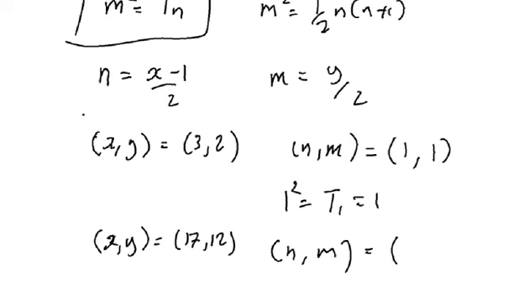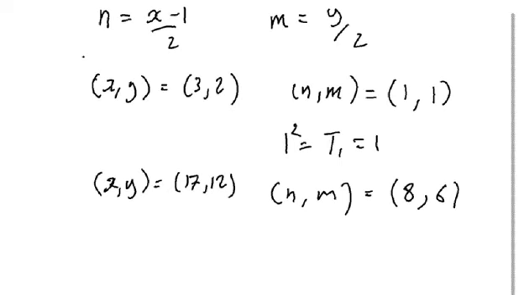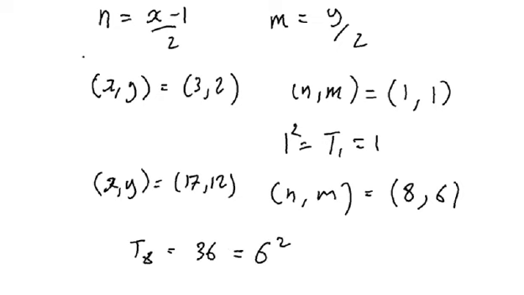So x minus 1 is 16 divided by 2 is 8. Y over 2 is 6. So let's just look at that. P8 is equal to 1 plus 2 plus 3 plus 4 and so on, which is equal to 36. Well, that's interesting. That's 6 squared.